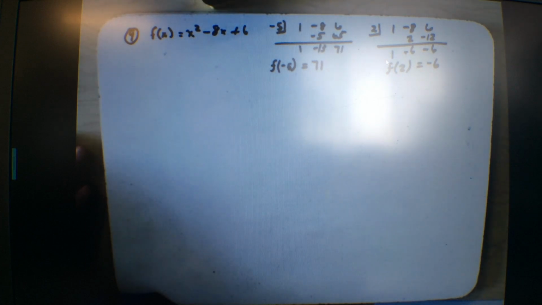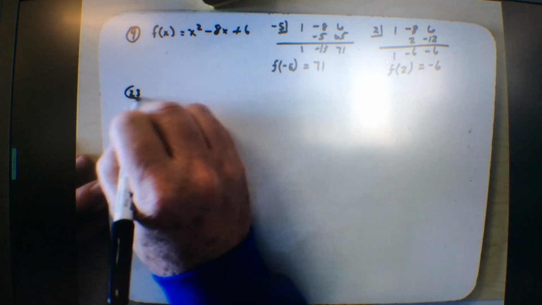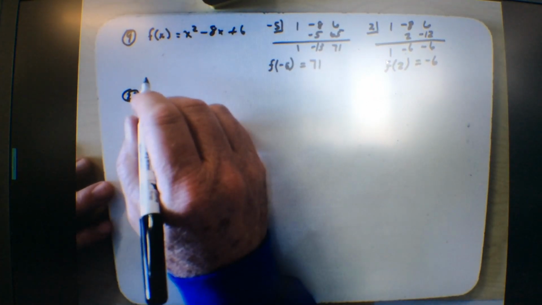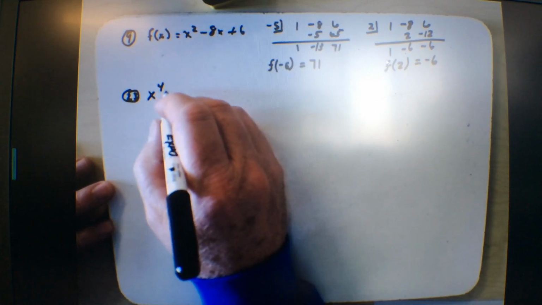Alright. Let's take a look at 17 through 25, shall we? It says, given a polynomial and one of its factors, find the remaining factors of the polynomial. Okay? I'm going to look at number 23. There's a reason I'm looking at this one.